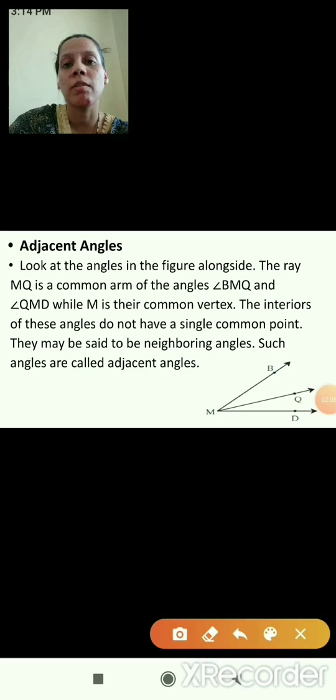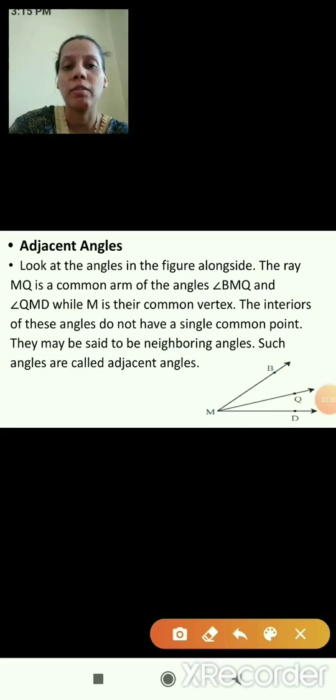Which is the vertex here? Point M is the common vertex of both the angles, and ray MQ is the common arm of both the angles, but they have separate interiors. That's why they are called neighboring angles, or adjacent angles.